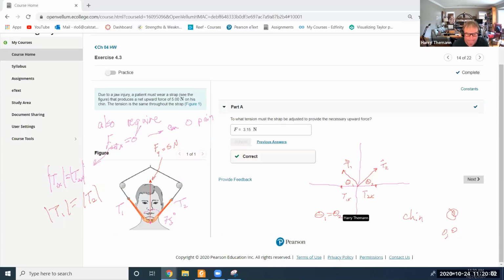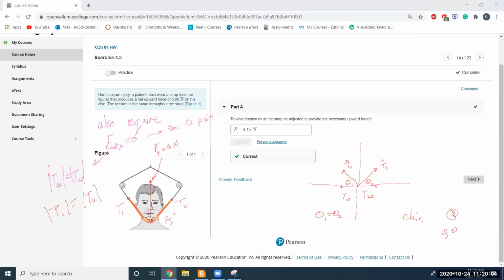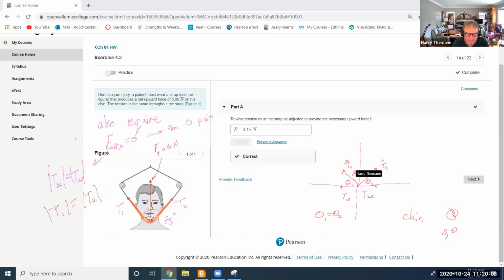Do you follow me? Yes. So at the end of the day, theta 1 prime and theta 2 prime have to equal each other.